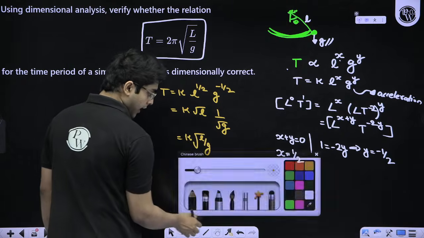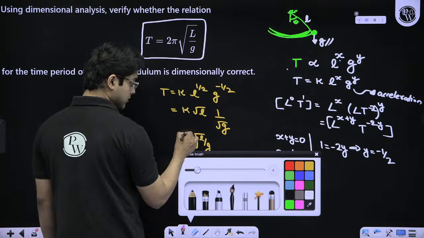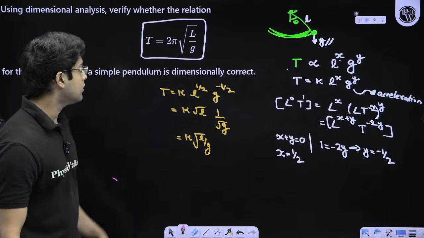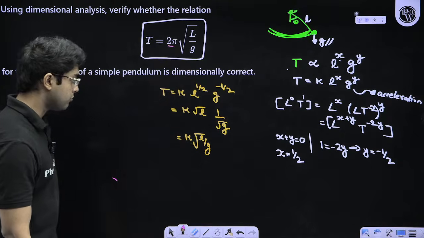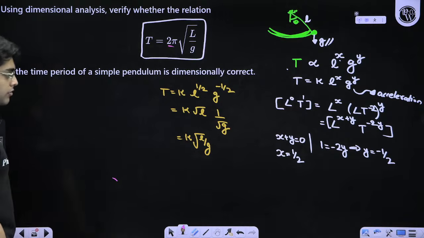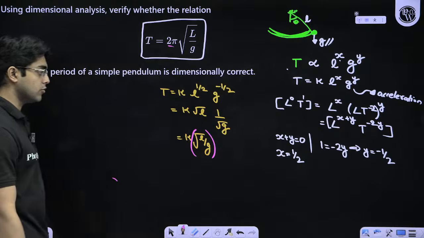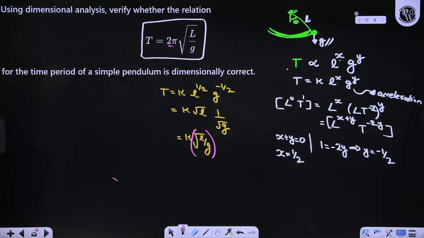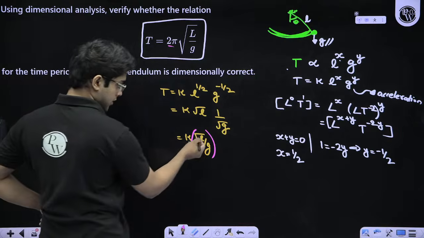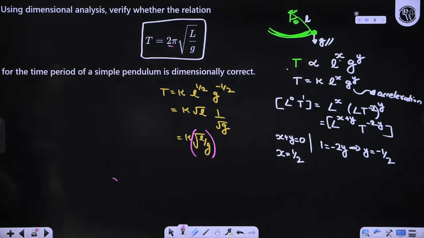Using dimensions, we cannot find this constant k, which is 2 pi. We cannot find that, but we can get the dependency on length and g using dimensions. So that is how we use dimensions to find the approximate formula.